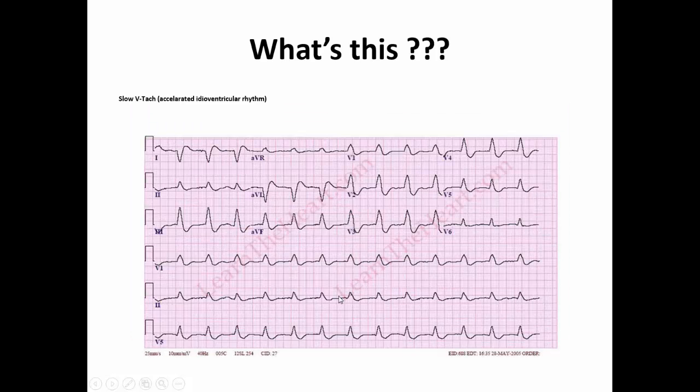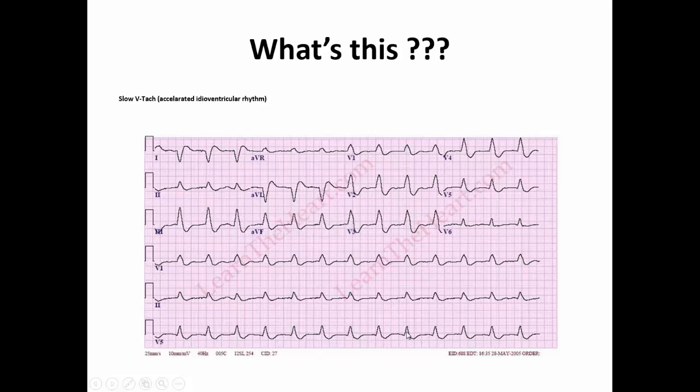What do you think about this? So what we see here is you've got a regular rhythm, right? You've got a heart rate of 300, 150, 100, in the 80s, I would say.